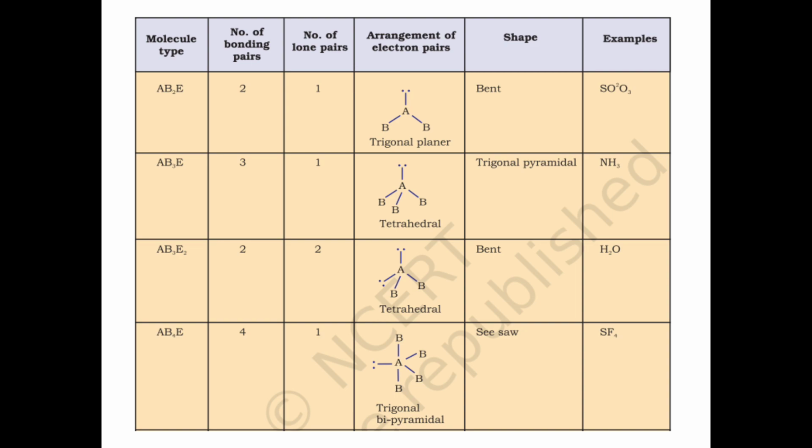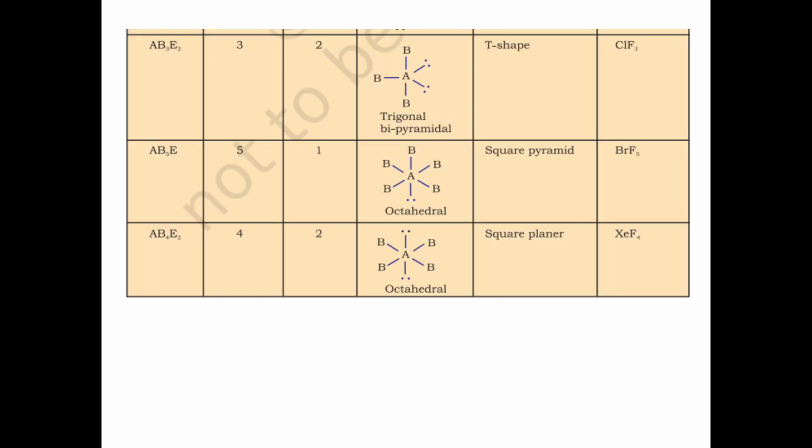AB4E is the seesaw structure, for example SF4. For AB3E2, it is T-shaped, ClF3.